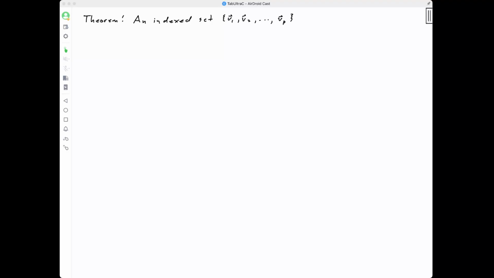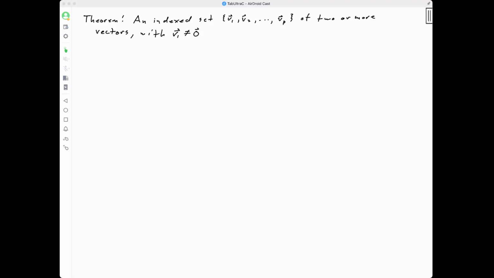They're in a general vector space. There's at least two of them. And the first one is not equal to the zero vector. So there's at least one that isn't the zero vector.